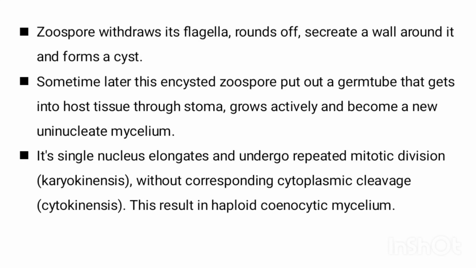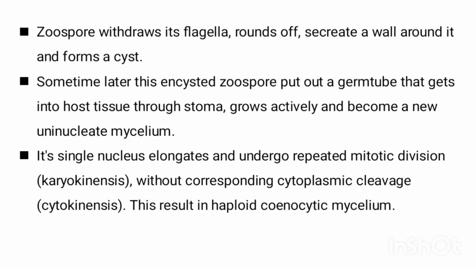Its single nucleus elongates and undergoes repeated mitotic division. First, it undergoes karyokinesis without the corresponding cytoplasmic cleavage. Then the cytokinesis takes place. This results in haploid coenocytic mycelium.